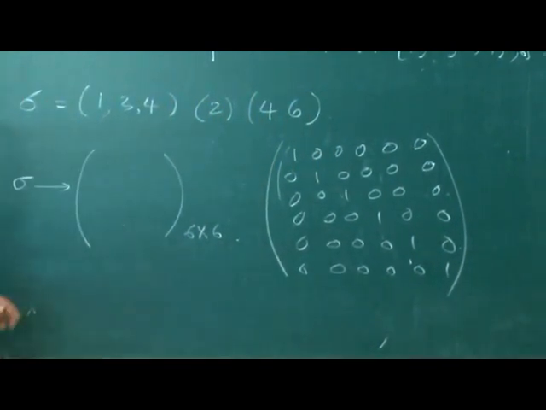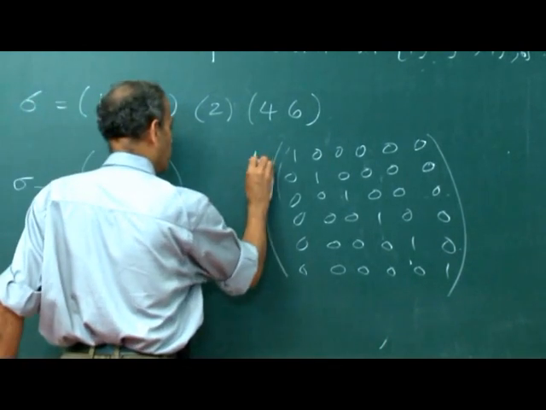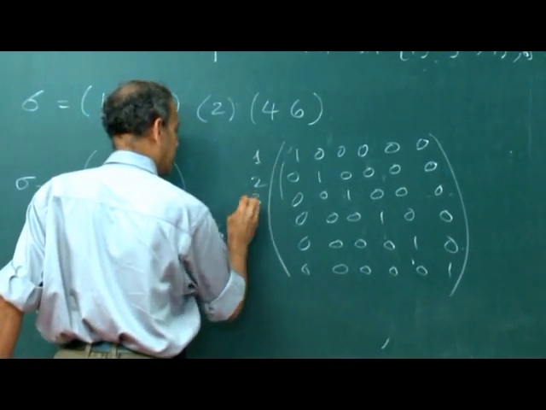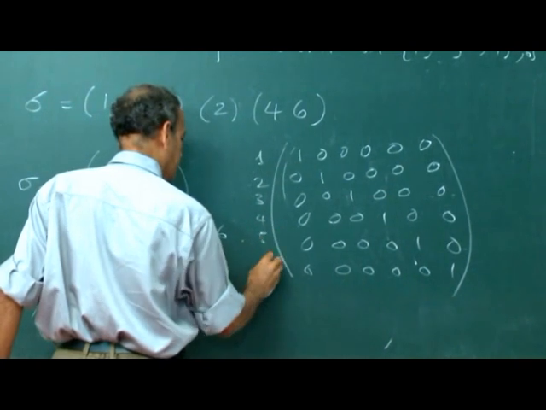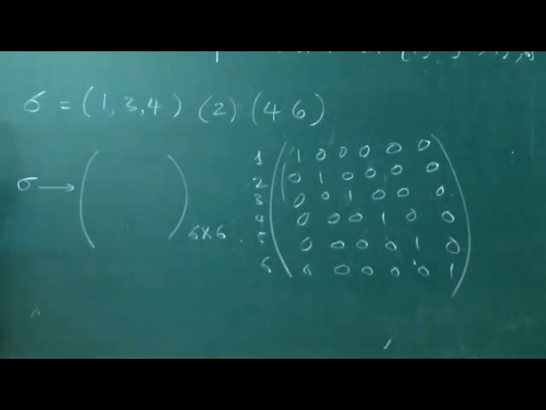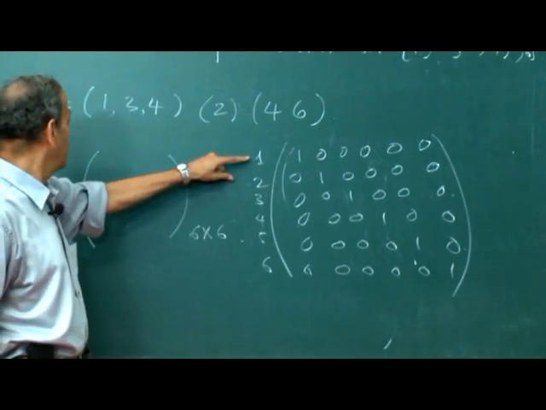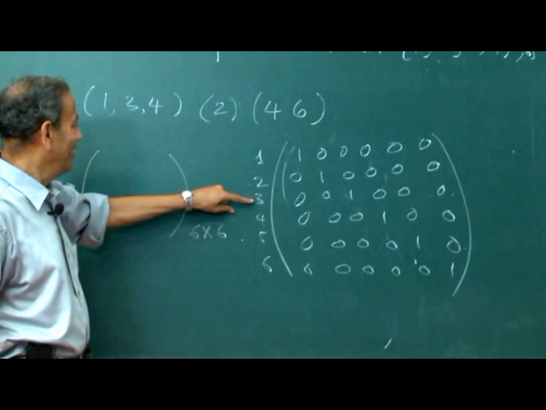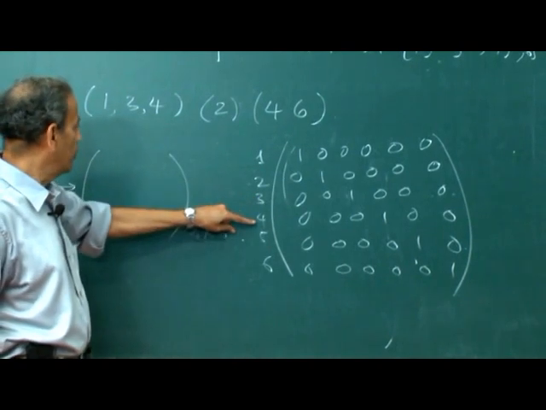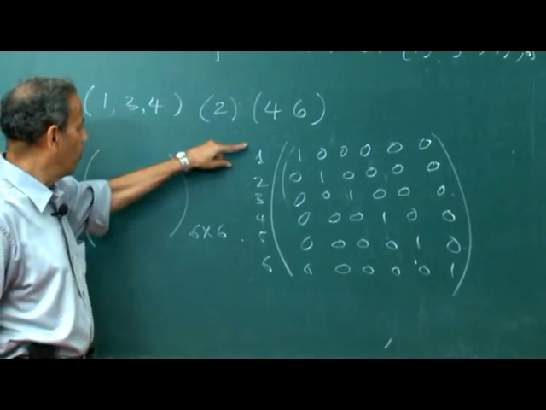What I do is I number the rows of this 6 by 6 identity matrix by the letters 1 to 6 and permute the rows of this identity matrix according to this sigma. So what does this mean? Row number 1 will go to row number 3, row number 3 will go to row number 4, row number 4 will go to row number 1.